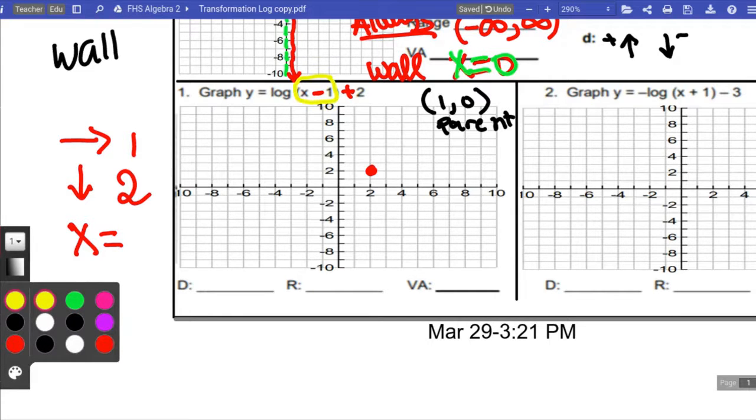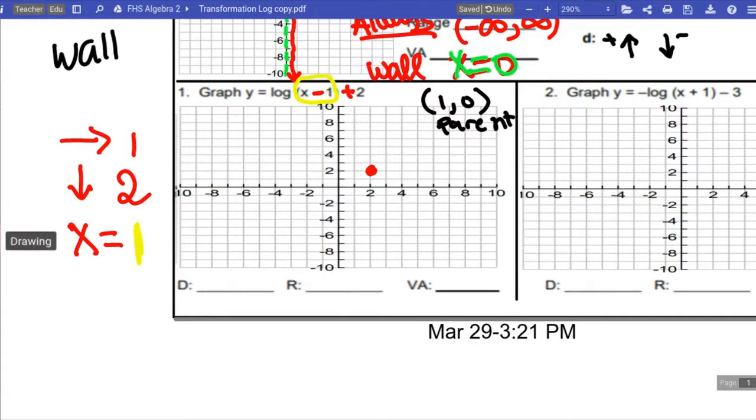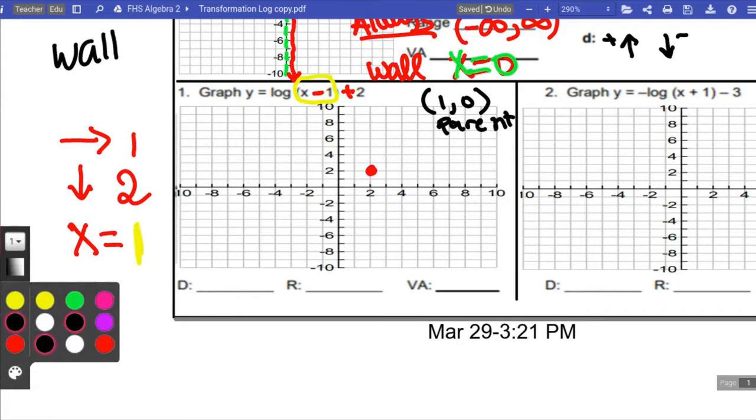This is x minus 1, so it's located at x equals positive 1. So my wall is exactly at 1. Let's draw that wall at 1. There you go. Now you can just draw your graph.